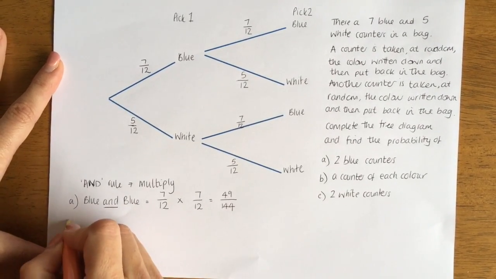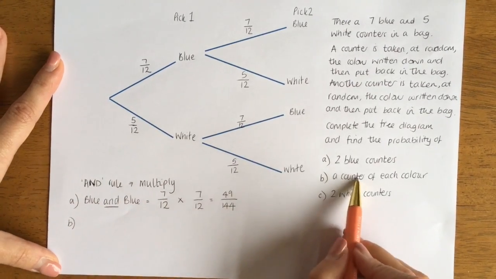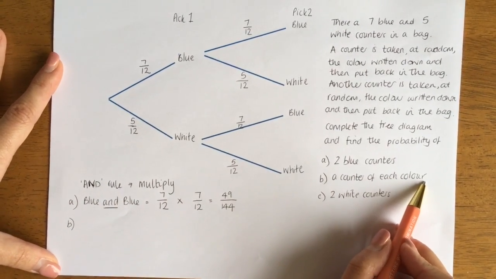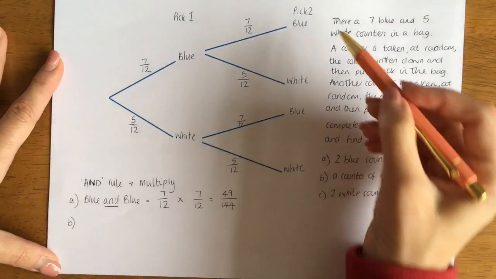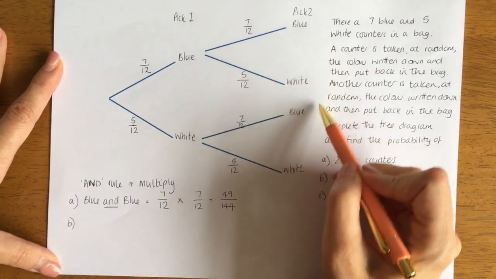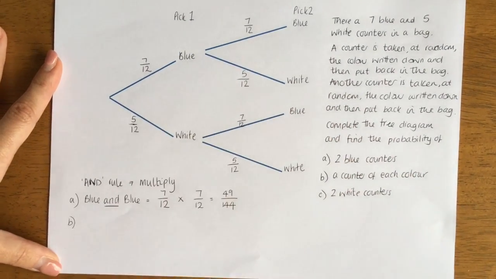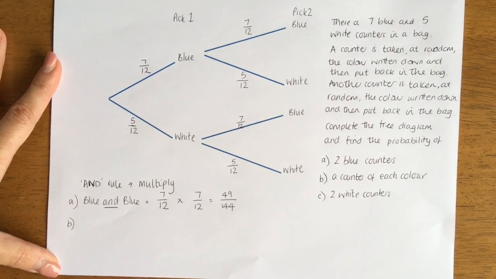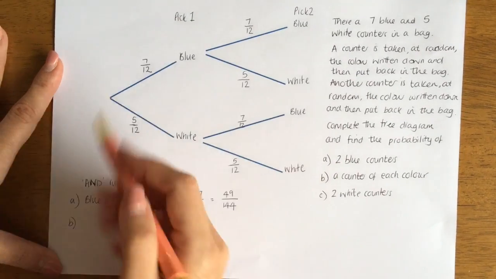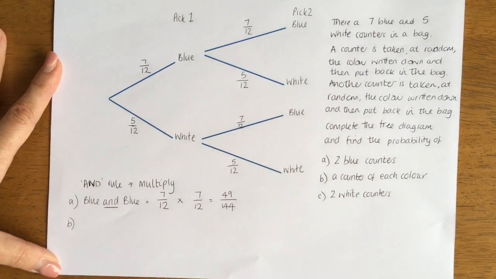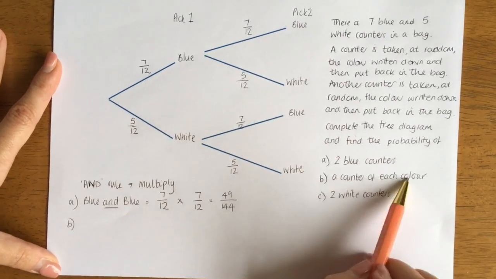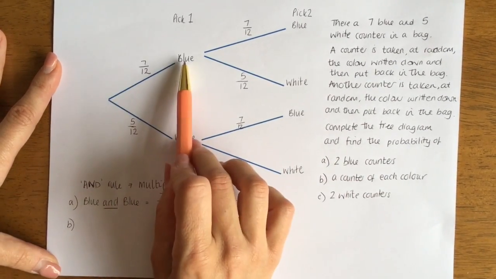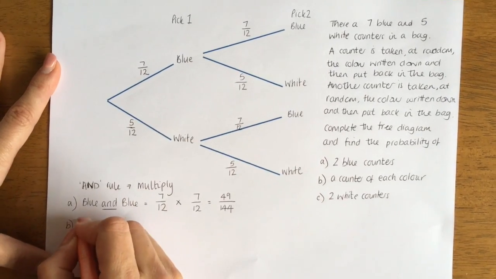Okay. Part B, it wants a counter of each colour. Now, when you come to do yours, you'll see that I've put equal signs by here. So I just want you to fill in the 4 probabilities there. I'm just going to do one route, but I'm going to show you that they both are the same. So if I say a counter of each colour, I want a blue and a white.